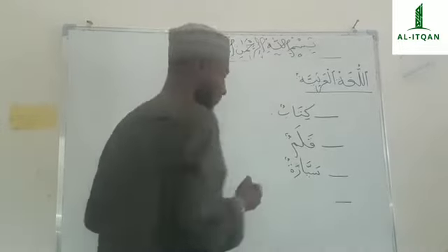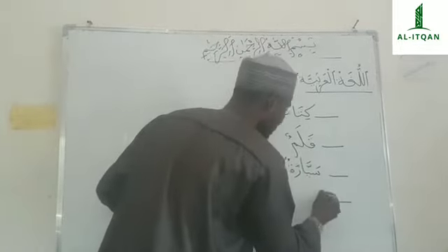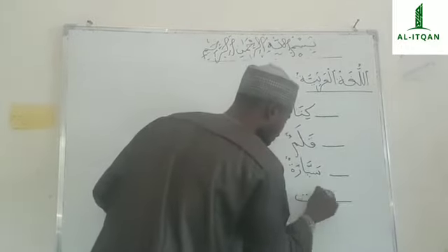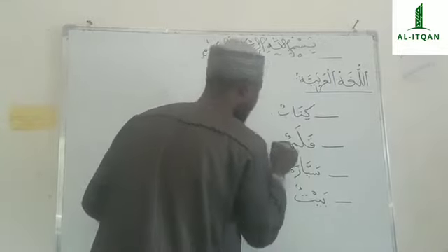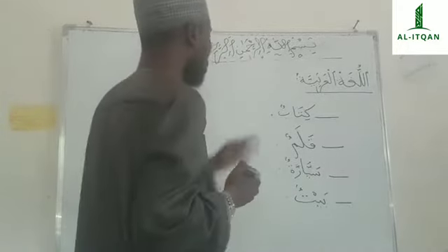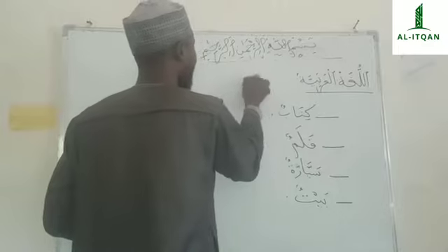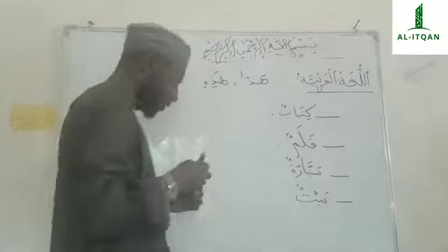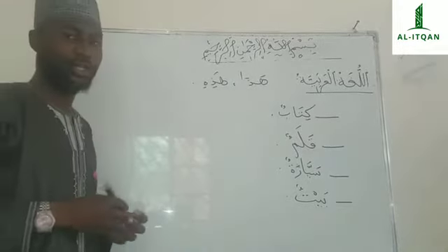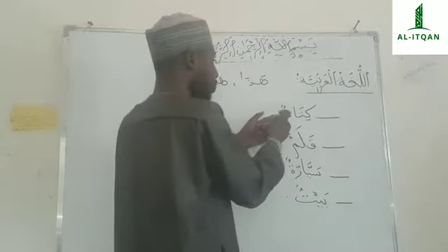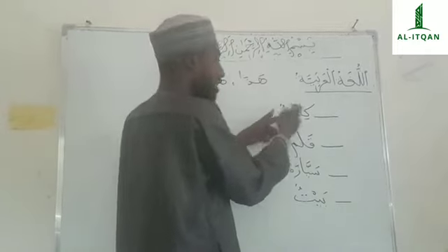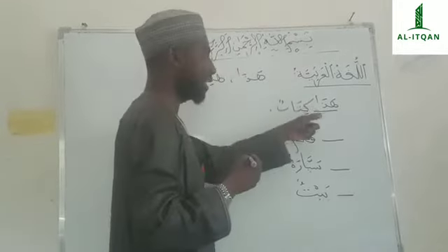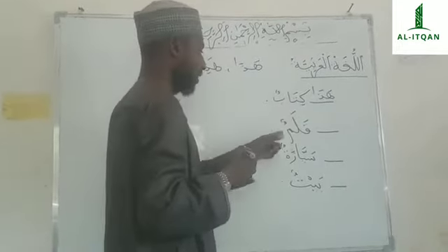Dash. The last one we have is baytun. So we want to use hada and hadihi to fill this. What do we say? This one does not end with ta. That means we say hada kitabun.